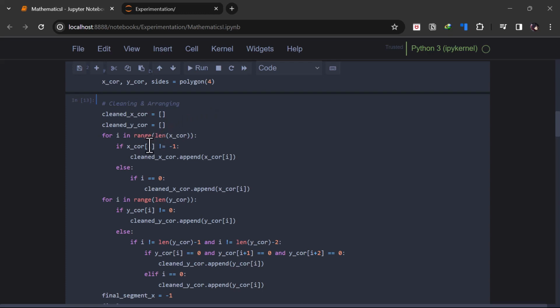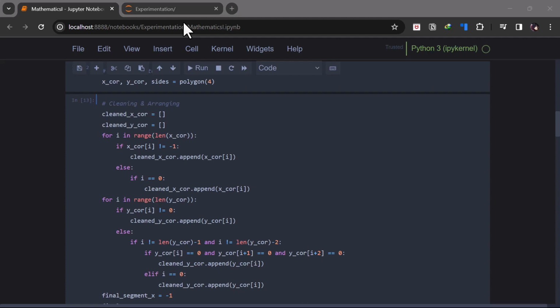And the indices for our list also start from 0. So what we are doing in this case is, for any value in the x coordinate, we only append those values which are not equal to -1.